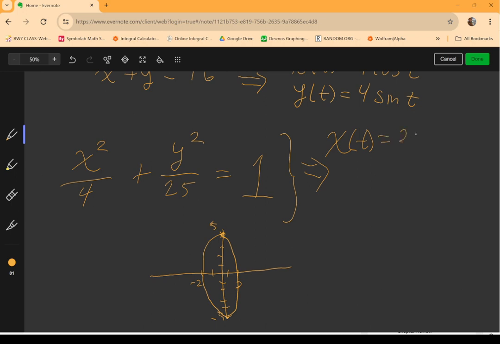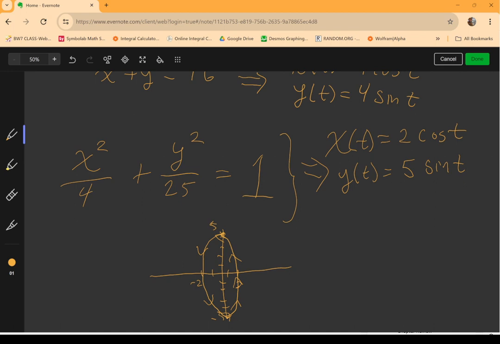So I'll have 2 cosine t for the x, and then for the y, we'll have 5, the root of 25, sine of t. And that yields the parametrization where we go in the counterclockwise direction.